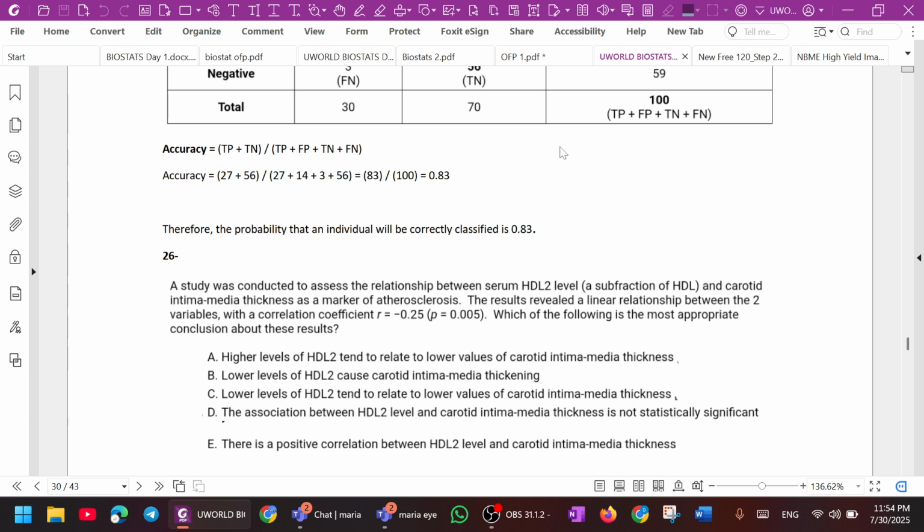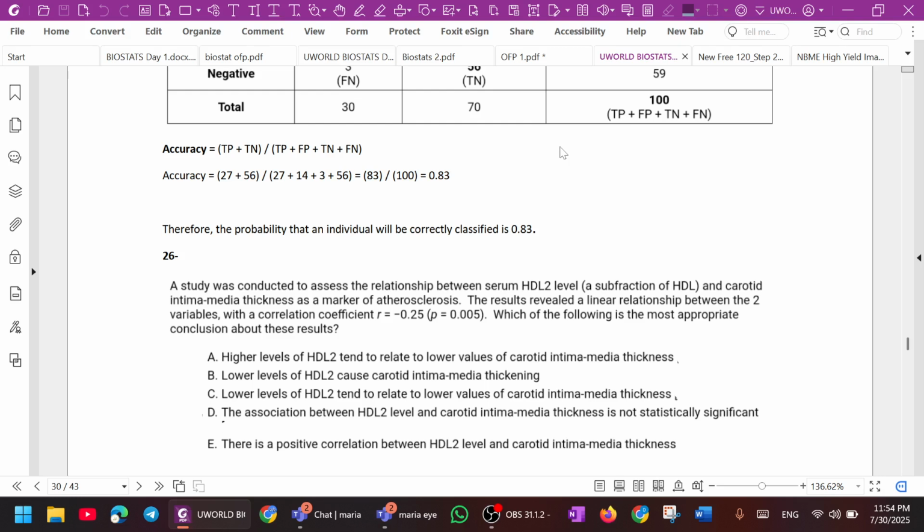Correlation coefficient minus. So positive minus. No, D is ruled out. It is statistically significant. Okay.